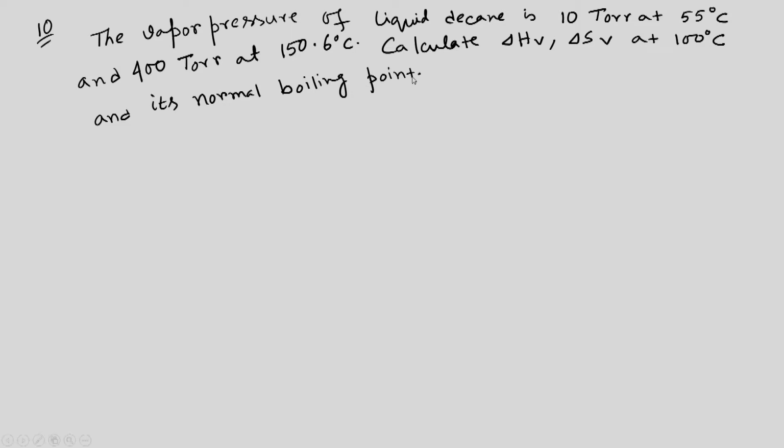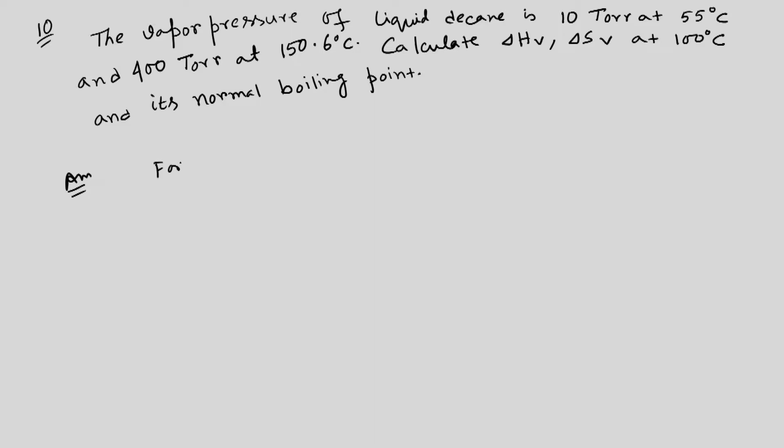So, the problem number 10 says the vapor pressure of liquid decane is 10 torr at 55 degrees Celsius and 400 torr at 150.6 degrees Celsius. We need to calculate delta H, delta S at 100 degrees Celsius and its normal boiling point. Okay. So, how do we solve it?